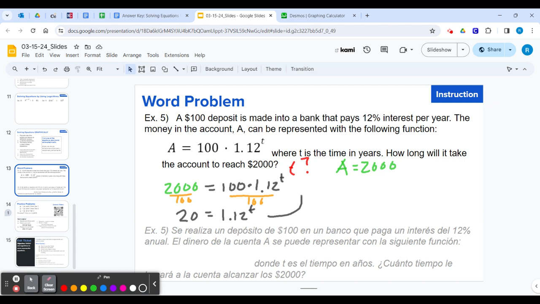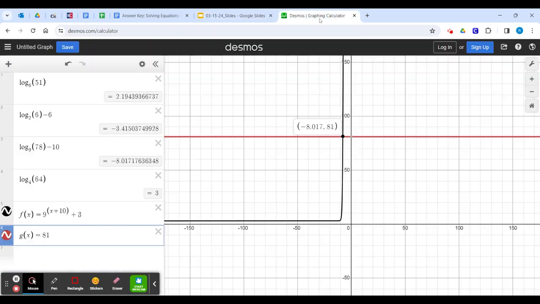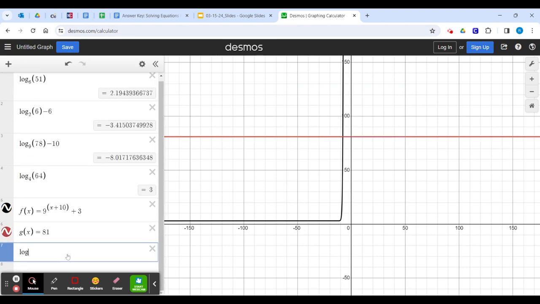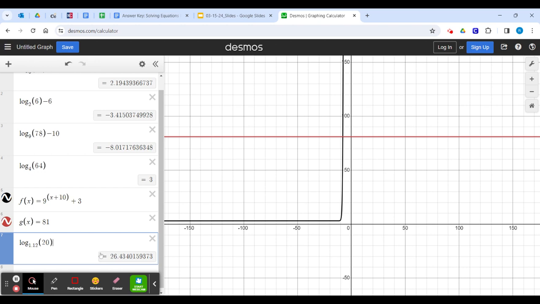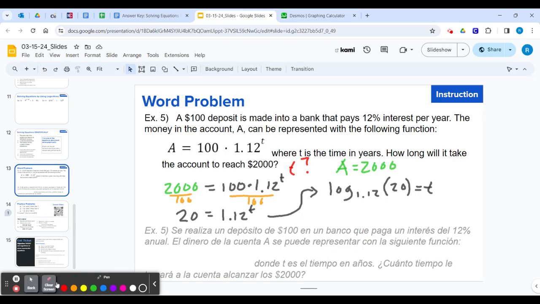Then if I rewrite this in logarithmic form, I get log base 1.12 of 20, and that equals that t there. Then I just have an expression I can plug into Desmos and come up with that time. So go down here, log base 1.12 of 20. And that should tell me what t is. It looks like 26.4 years is our answer, 26.4 years.